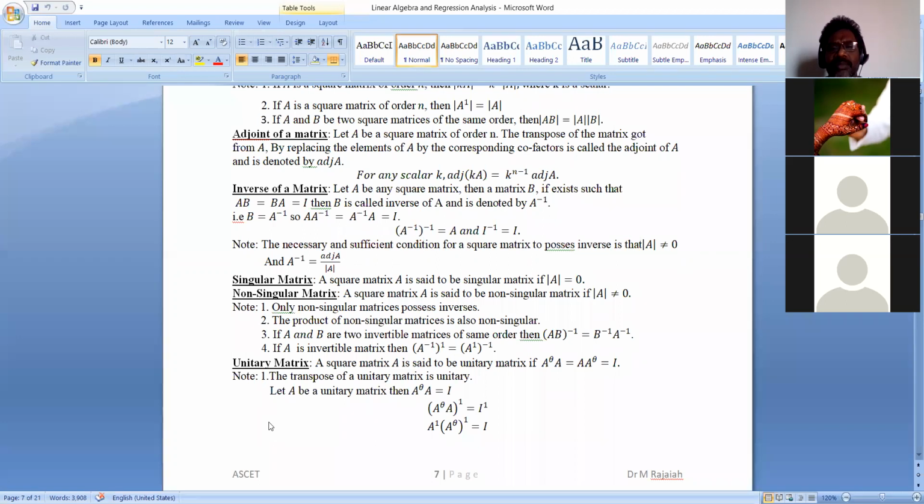Now we have to remember the orthogonal matrix. What is orthogonal? What is an orthogonal matrix?